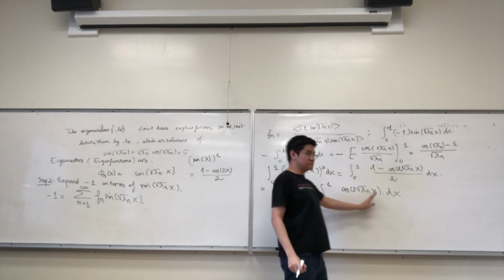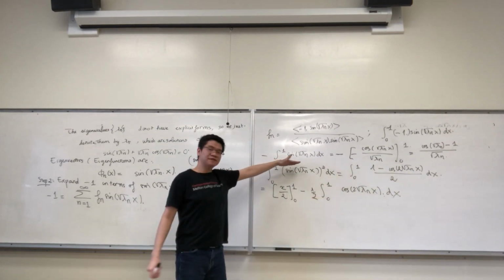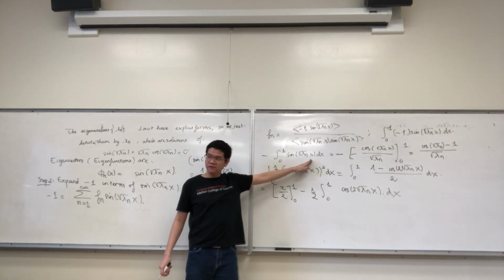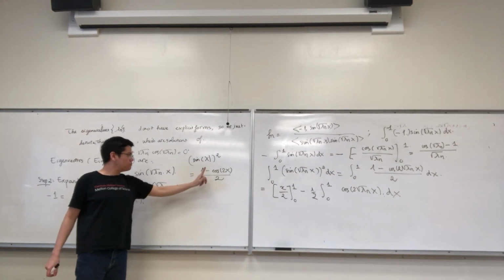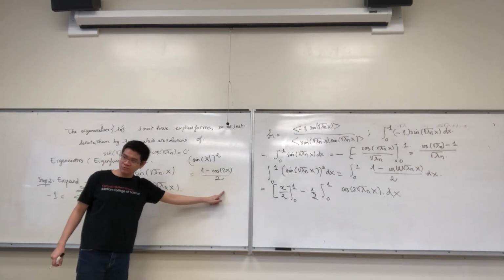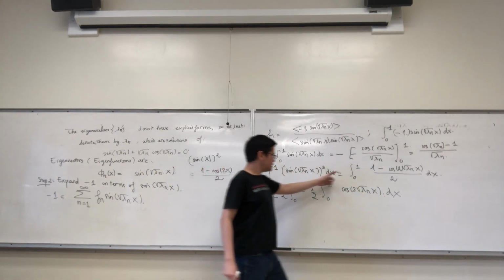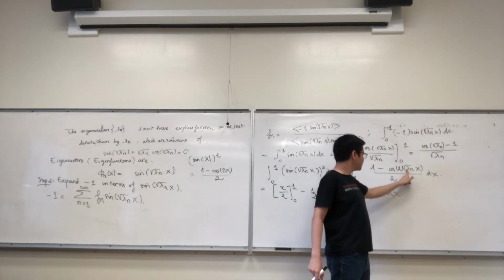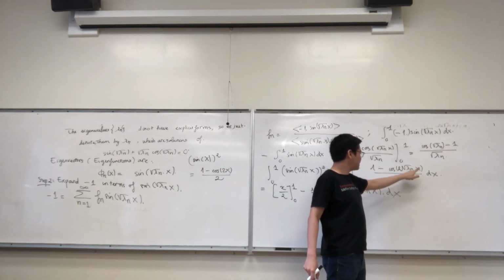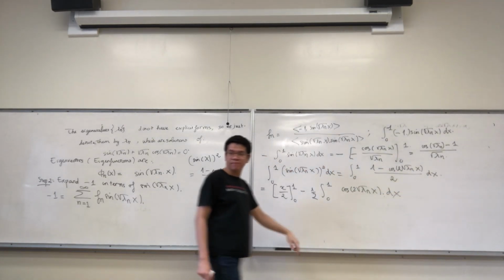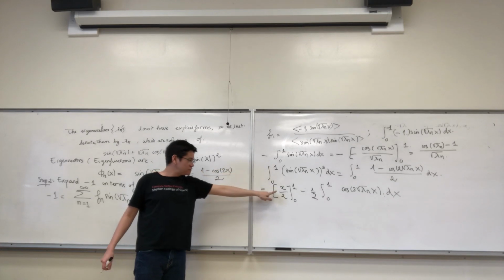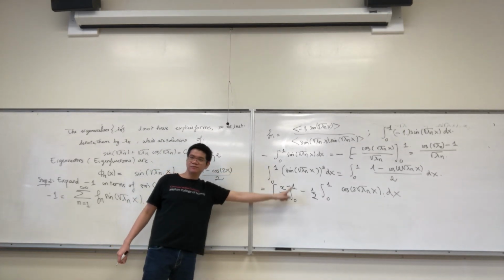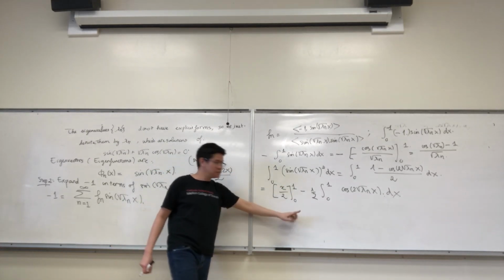So I explain again. Here I have sine squared, and sine x squared will be 1 minus cosine 2x divided by 2. So this is going to be 1 minus cosine of 2 square root of lambda n x, divided by 2. The 1 has the antiderivative x over 2, and I take the difference between the two limits.